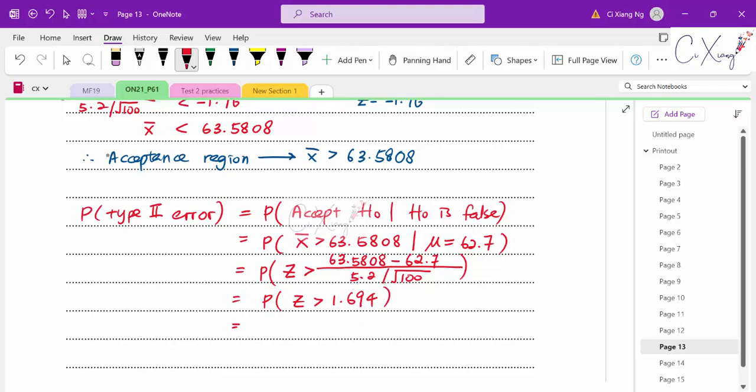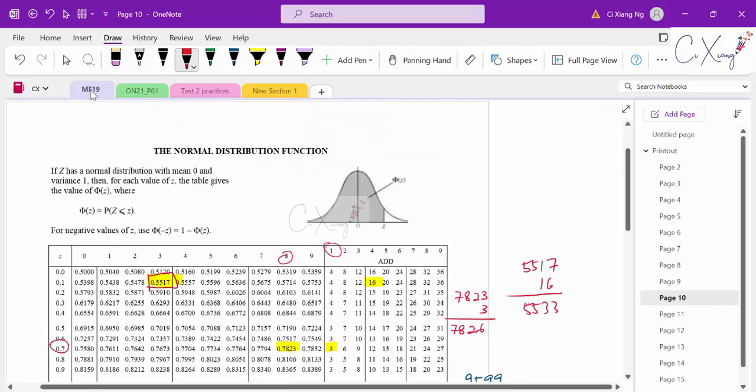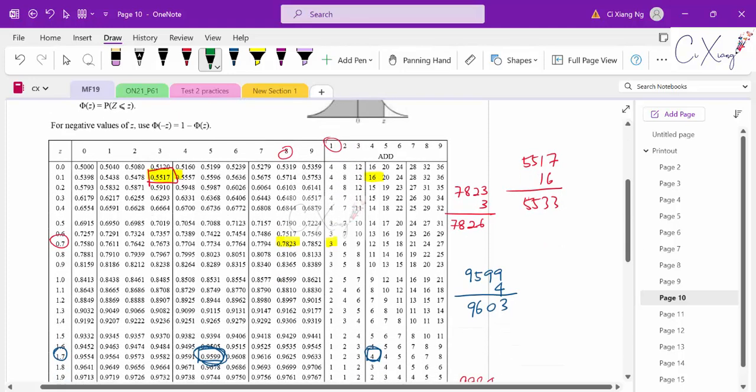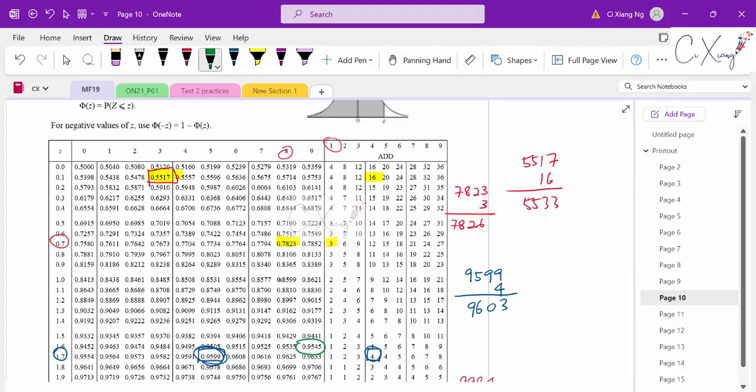So Z greater than 1.694, so I have to take 1 minus the value for 1.694. Look for 1.6, 9 is this one, 9545, then 4 is this one. This value is 4, so you take 9545 plus 4 at the last digit, so you have 0.9549.